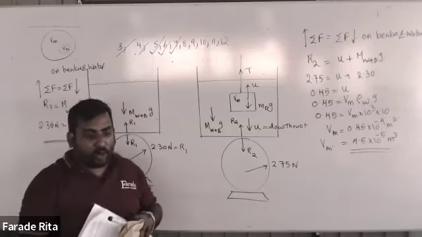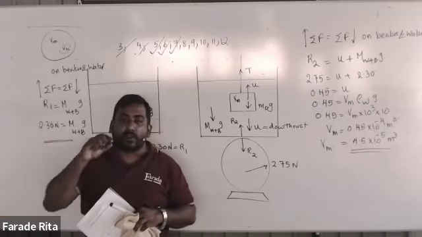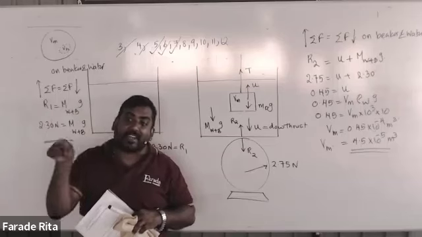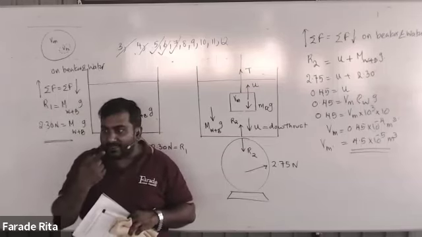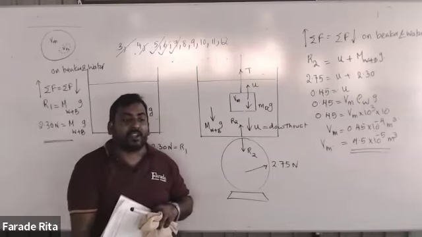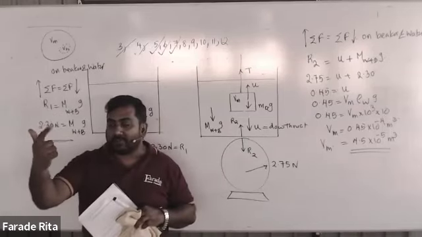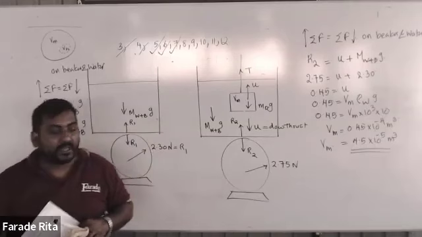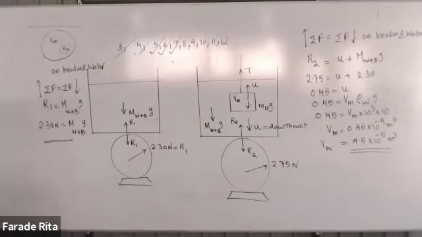Example, a plastic ball. If you take the weight of a plastic ball, what's important? Volume of plastic into density of plastic. Do you consider the empty volume inside? But if you submerge a plastic ball underwater, you consider the full volume, volume of plastic and volume of air. So that concept you have to use to get this answer.